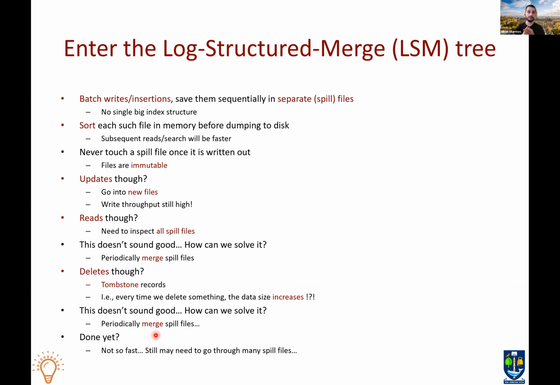Okay, these 2 problems I still need to solve. How do I identify a set of spill files I need to read, and for this set, how do I decide whether what I'm looking for is in each one of these spill files without actually looking at them? And remember, I don't want a proper index, because the proper index would add size and complexity.